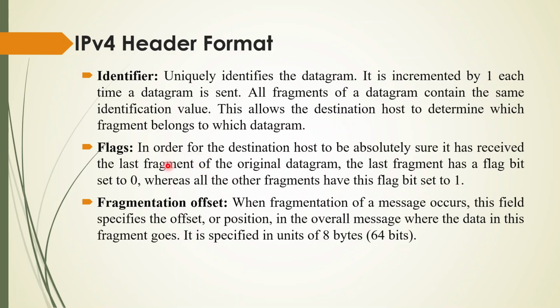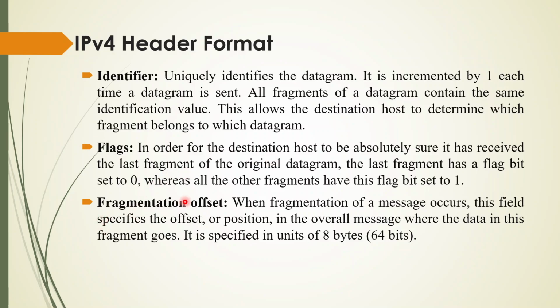So suppose we are dividing the original datagram into 5 fragments. If it is the last fragment of the original datagram, then the value of the flag is 0, otherwise the value of the flag is 1. So this is the flag.